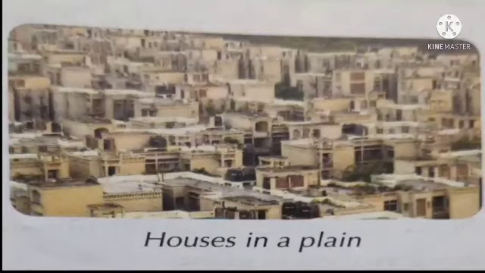Climate and geographical features of a region determine the design and structure of a house where we are living. Climate also affects the type of houses we are making. Houses in the plains have flat roofs. Hot regions with extreme weather during summer and winter have houses with thick walls and high ceilings.